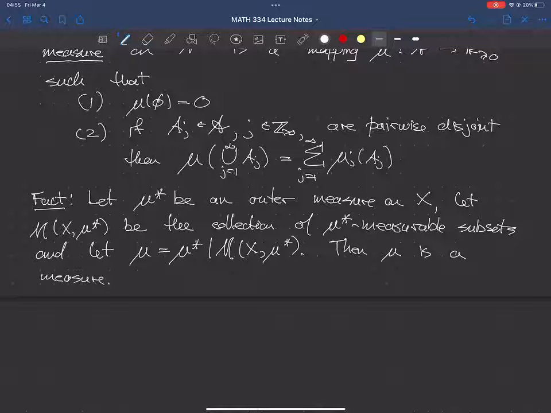Okay. And so some terminology here. A set X with a sigma algebra is what's called a measurable space.